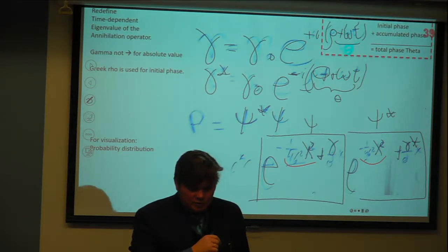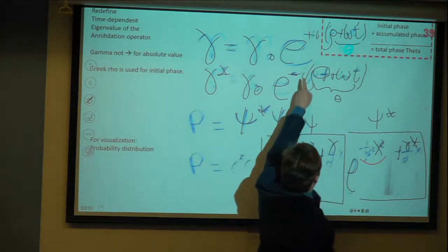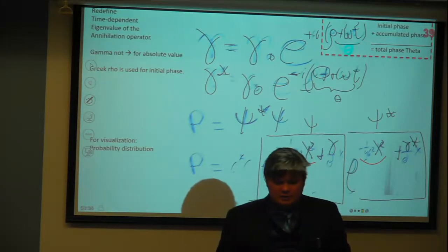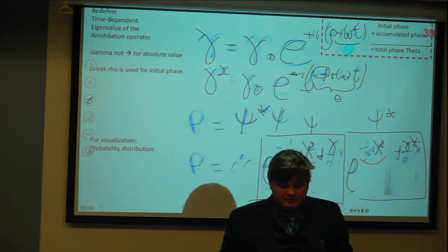So if it is real, then we change nothing. But if it is complex, if we know that it is complex through this accumulation of phase, we will need to flip the sign in front of this phase accumulation.